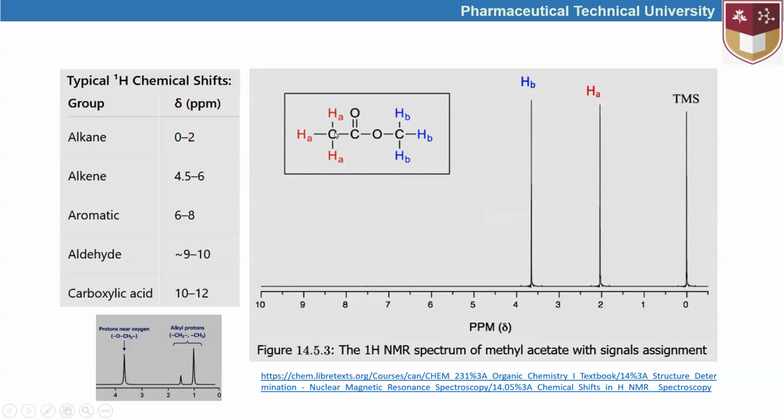Because this carbon has higher electronegativity than these hydrogen atoms. The electronegativity value of carbon is 2.5 and the hydrogen electronegativity is 2.1. So these electrons that form a chemical bond between carbon and hydrogen are closer to the nucleus of the carbon atom. I mean, these three electrons that belong to these hydrogen atoms are attracted by this carbon.